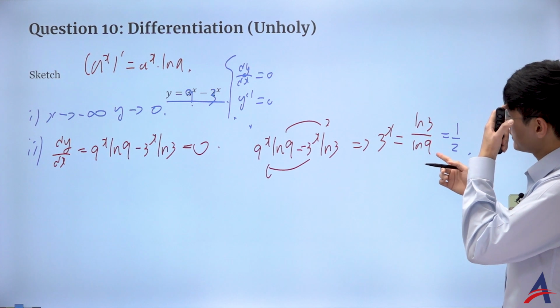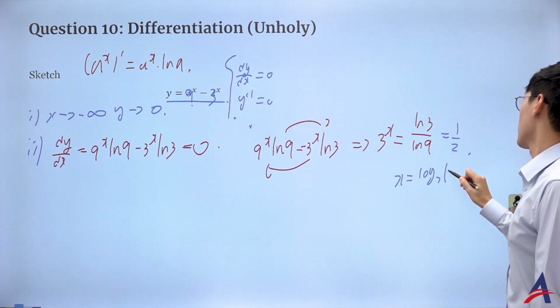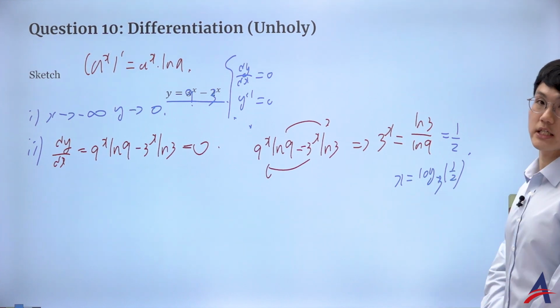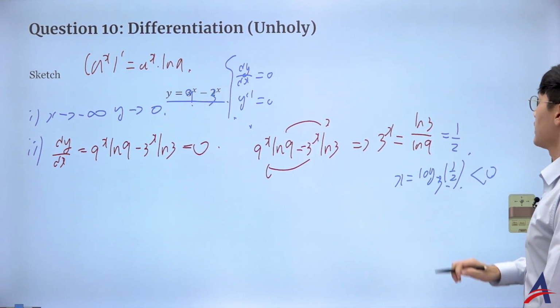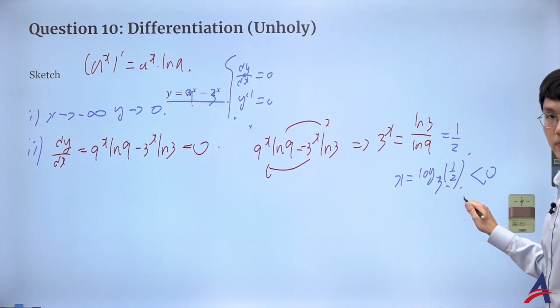Then, yeah, I can solve it. So x will be log base 3 of 1 over 2, right? And would it be positive or negative? Very good. It should be negative, right? Because the inside of the log is between 0 and 1, that makes the log negative. That is great. Okay, that's my stationary point.